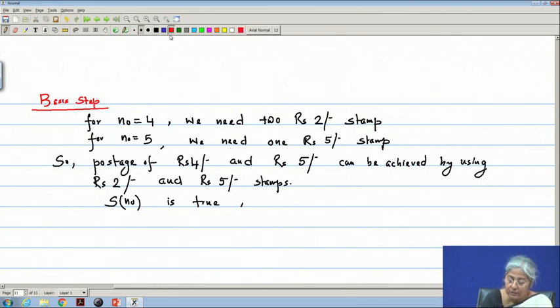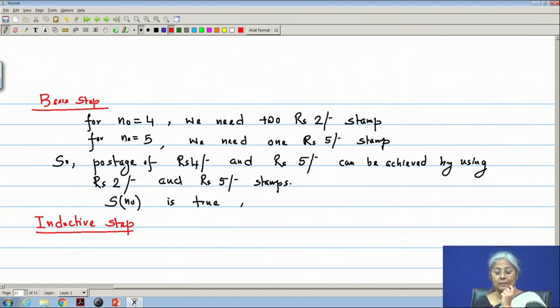Now, what about our inductive step? Already we have seen the strong form of induction, where all preceding statements are true.